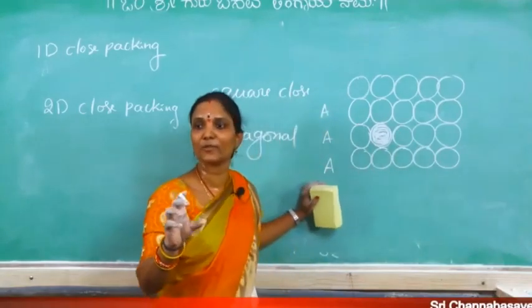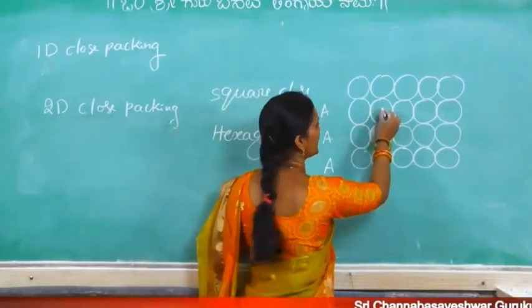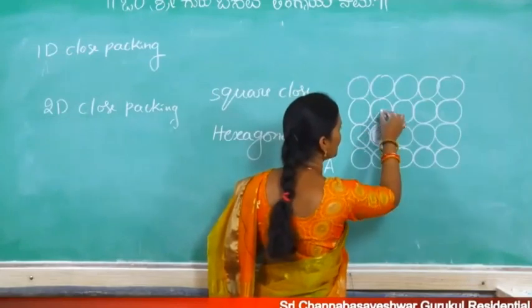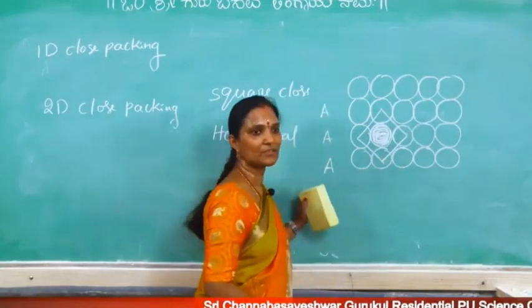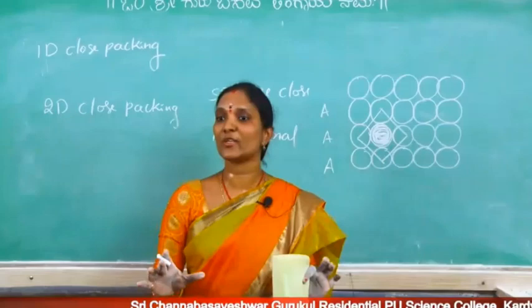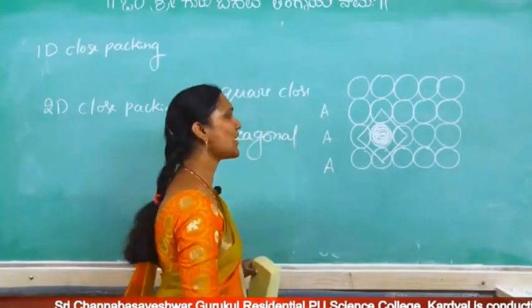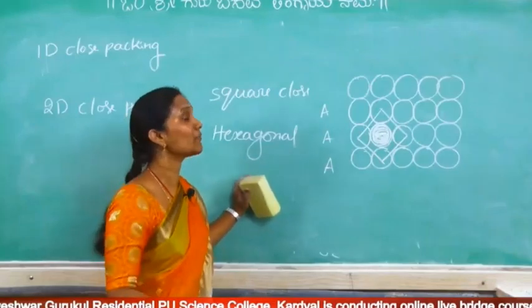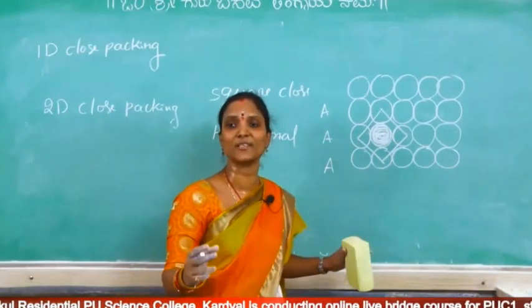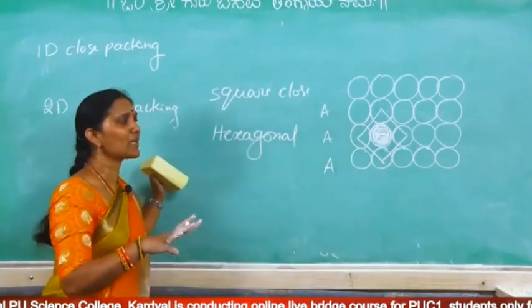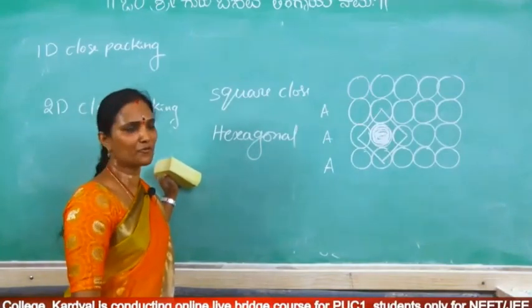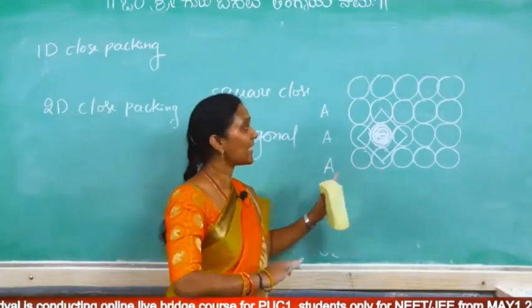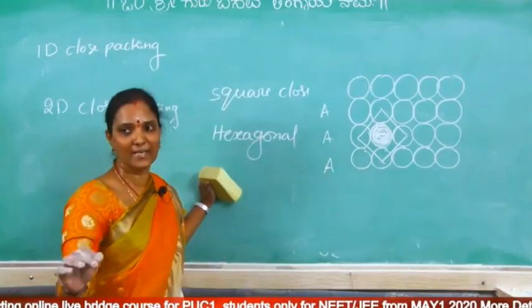These are the only ones in close contact. Next, just join the centers of all these. We get a square. So the close packing name is square close packing. What is the coordination number of square close packing? 4. So in 1-dimensional close packing the coordination number is 2, and in 2-dimensional square close packing the coordination number is 4. This is the coordination number, and the arrangement is AA type.